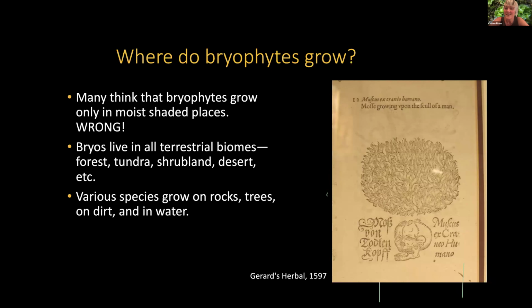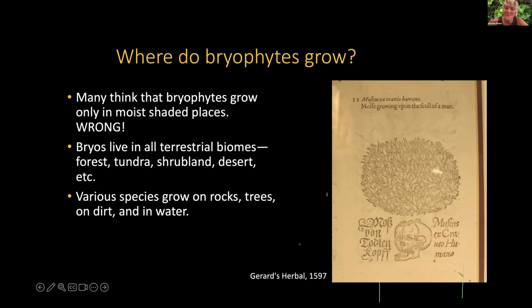They are also aquatic, so they will grow submerged in water, or sometimes in seasonally submerged areas, depending. There are records of a particular species of Fissidens that grows in the Amazon on freshwater sponges, which I think is really cool.